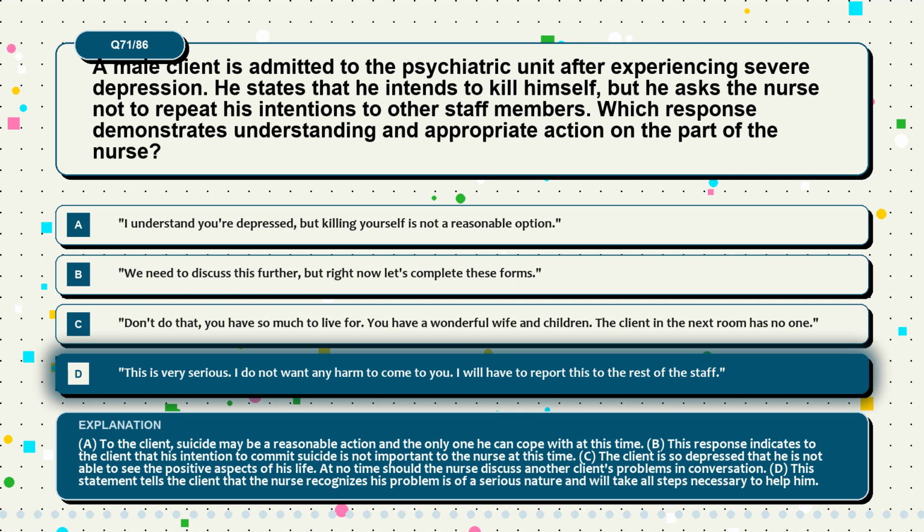B, this response indicates to the client that his intention to commit suicide is not important to the nurse at this time. C, the client is so depressed that he is not able to see the positive aspects of his life. At no time should the nurse discuss another client's problems in conversation. D, this statement tells the client that the nurse recognizes his problem is of a serious nature and will take all steps necessary to help him.